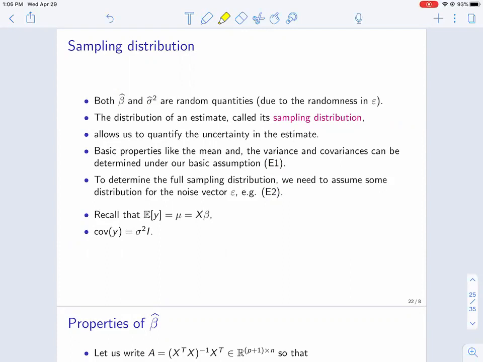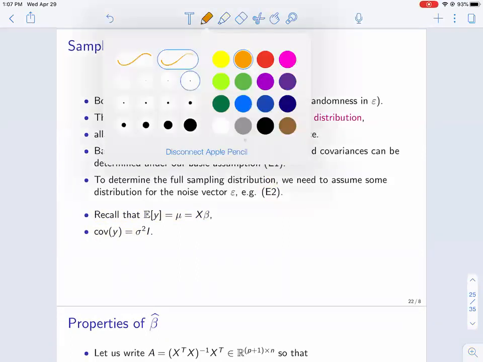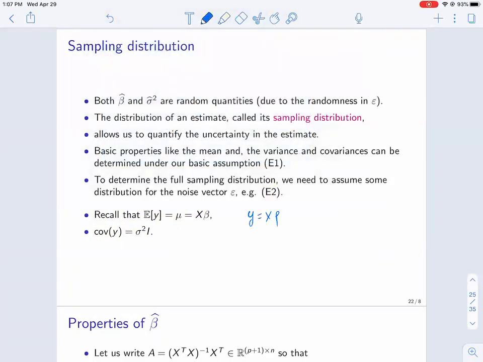Recall that the expectation of y is mu, which is x beta, and the covariance of y is sigma squared I. To remind you why this is true, y is equal to x beta plus epsilon, and under E1, we assume that the expectation of epsilon is 0 and the covariance of epsilon is sigma squared I, from which it follows that these two translate to these two statements.